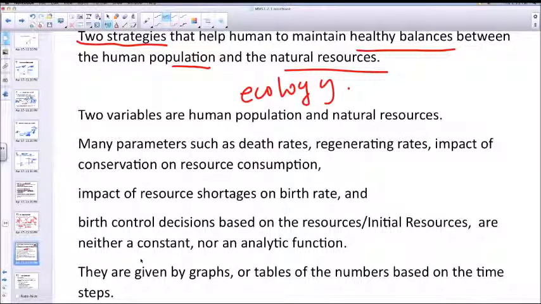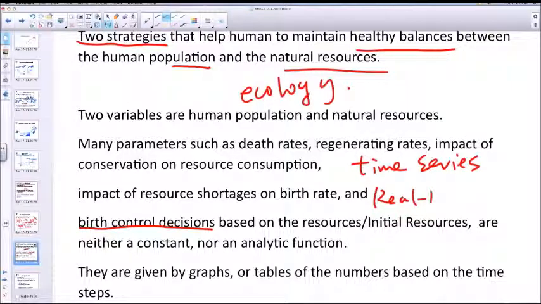So the difference you're going to see is instead of giving you a constant or a variable, we give you any time series, just like real time data.